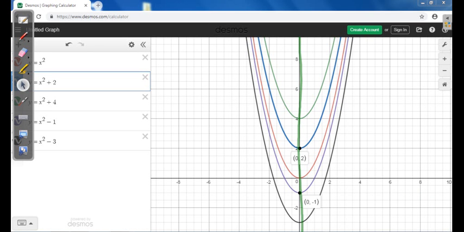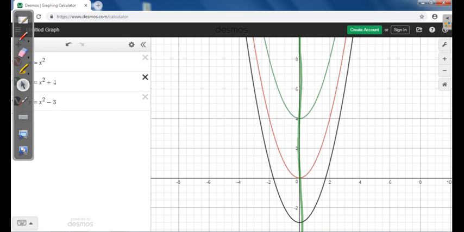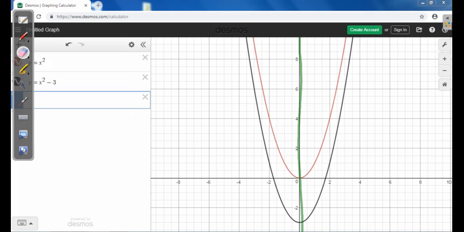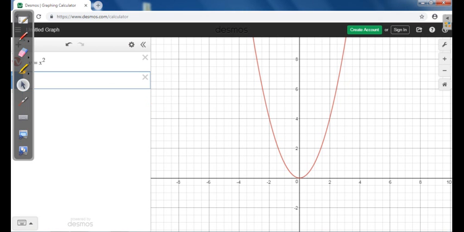I'm just going to get rid of all of this. And then the first one was y equals x, what was it, plus 2 or minus 2? Minus 2 squared. Oops.